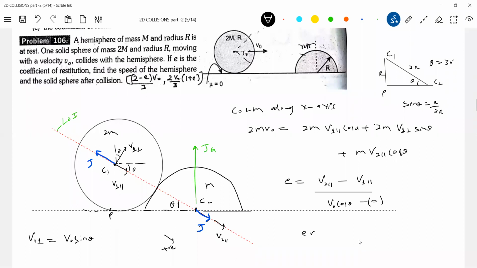So solving this, e v naught cos theta equals v2 parallel minus v1 parallel. Solving these two will give the required answer. Now find the speed of the hemisphere and the solid sphere after collision is what is asked. There's one simplest way of doing this problem. Check it, make an observation.